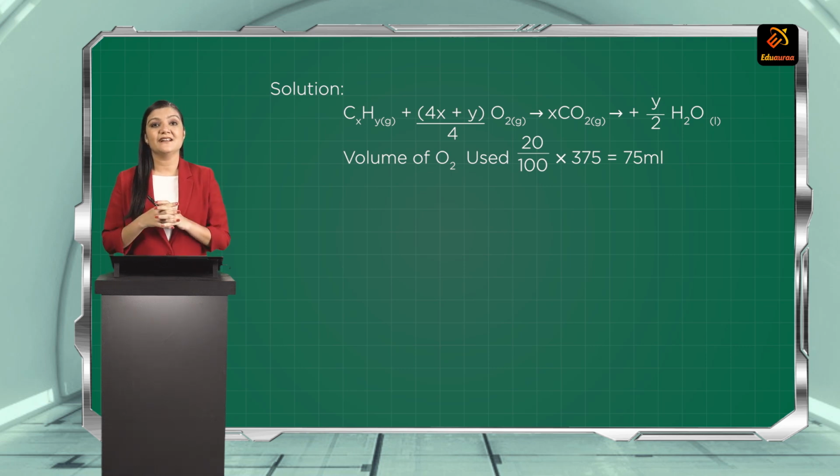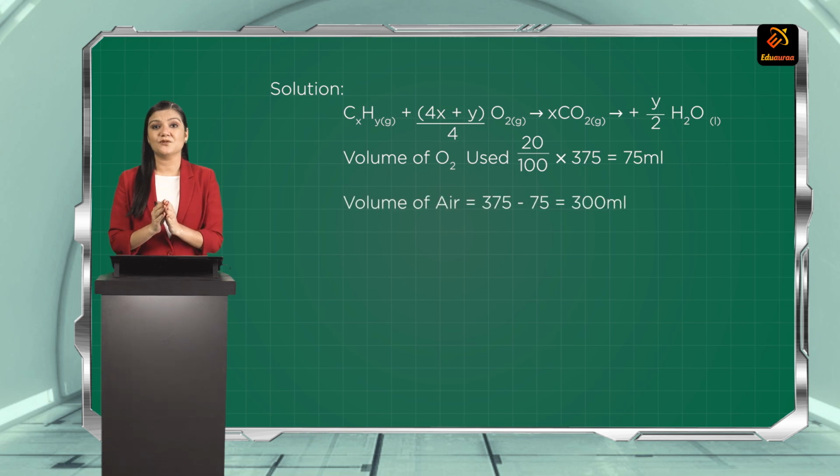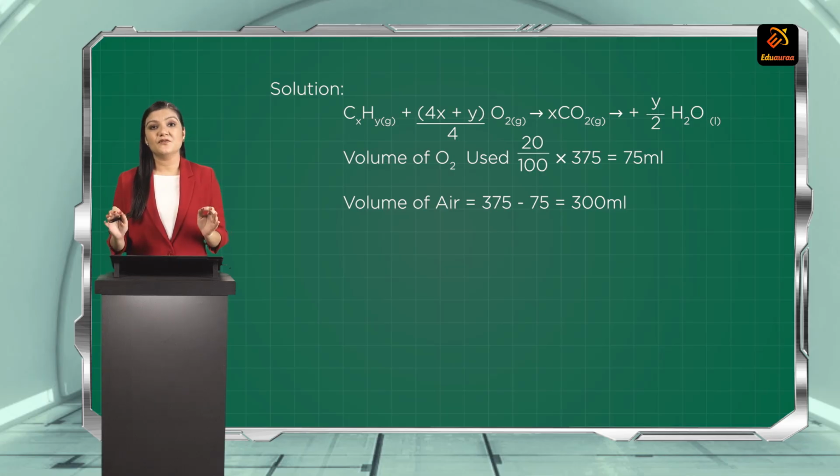Therefore, 20 divided by 100 multiplied by 375, and the answer is 75 milliliters. So students, out of 375 ml of air, we have 75 ml of oxygen. The remaining volume of air is 375 minus 75, which is equal to 300 ml.